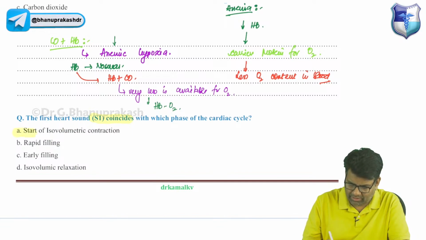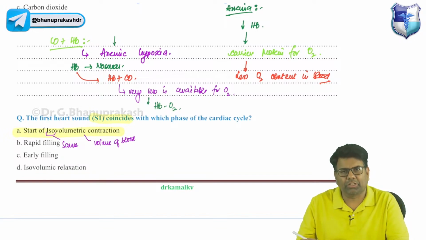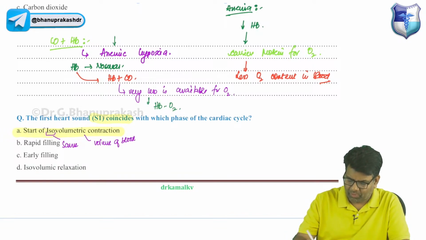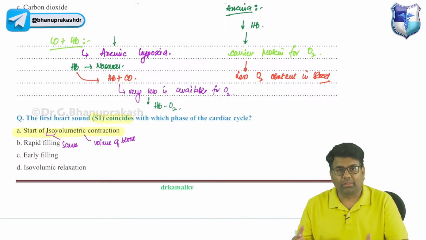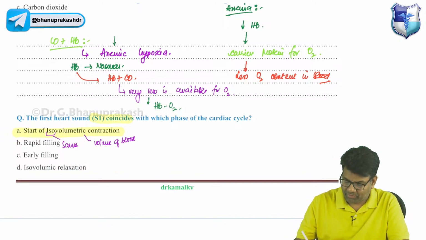Perfect. Now next question. First heart sound coincides with which phase of the cardiac cycle? Yes, everyone is correct. This is the start of isovolumetric contraction. Now what do we mean by isovolumetric contraction? Iso means same, volumetric means the volume of blood, and contraction is of course the contraction of the ventricle. What is that condition when the ventricle is contracting but the volume of blood in the ventricle is the same? That can happen only if both the valves above and below are closed.